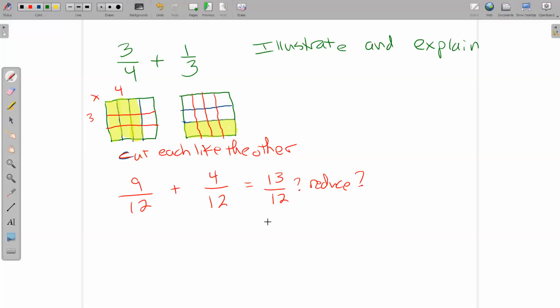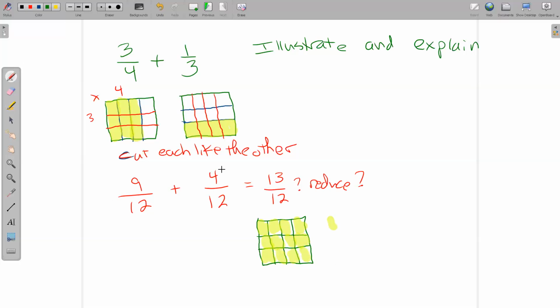So let's redraw our square whole, cut into 12ths. And those 12ths come from 4ths and 3rds. And then I start putting them in, right? I have 9 there, so 1, 2, 3, 4, 5, 6, 7, 8, 9, and then I have 4 here. 1, 2, 3, uh-oh.